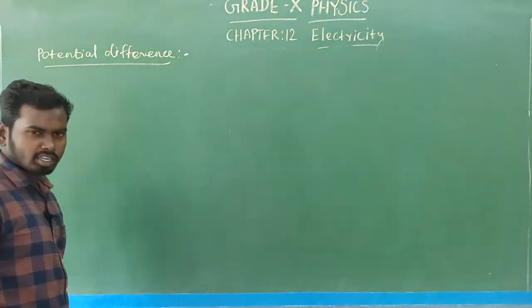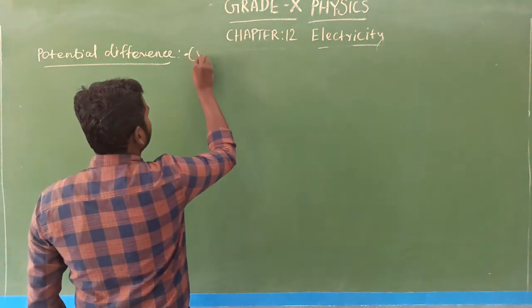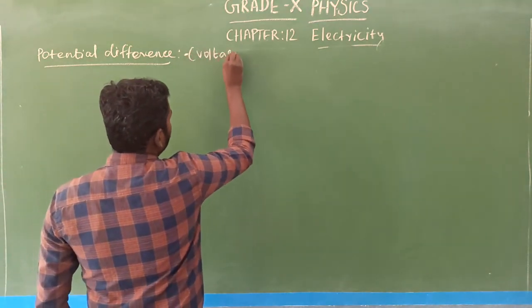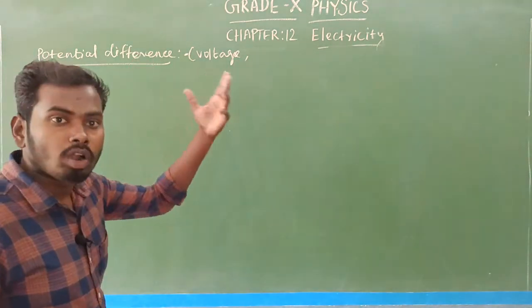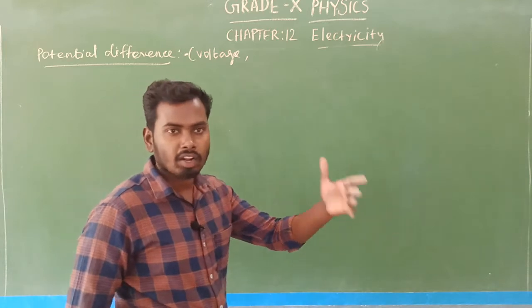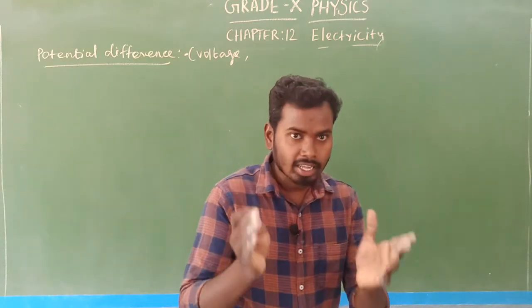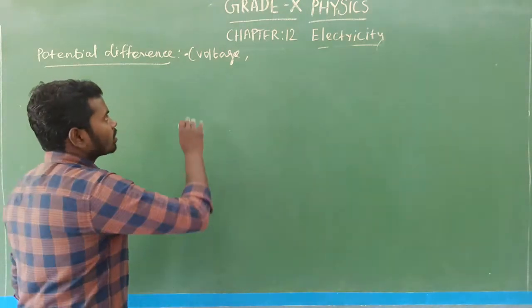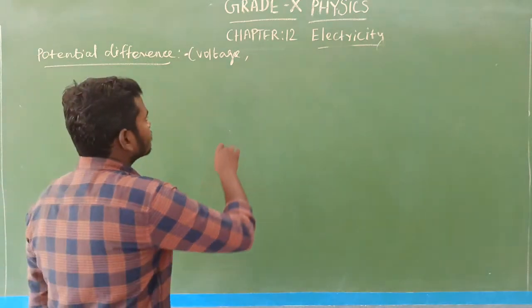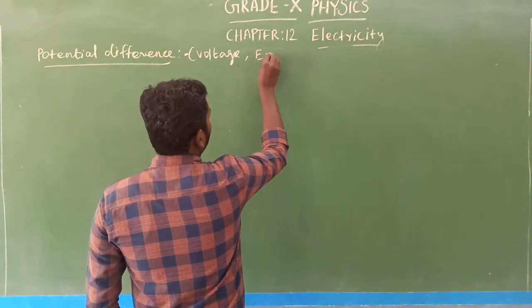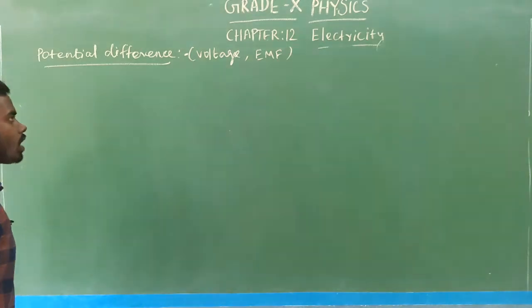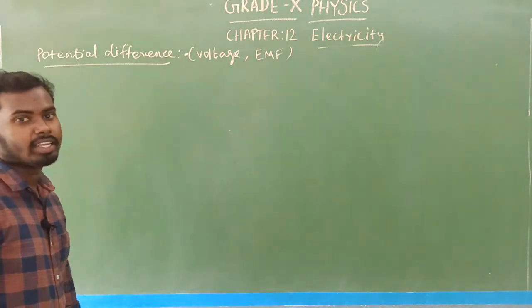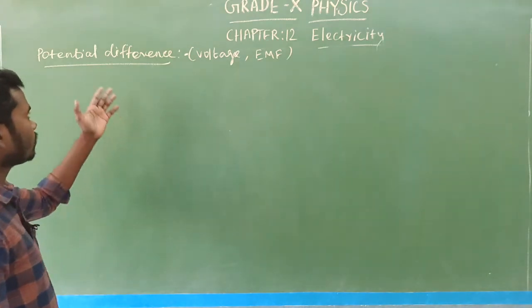Yes. See, this potential difference is also known as voltage. Note this point, very important one. The potential difference is also known as voltage. Generally we say a 2 volt battery, 5 volt battery, 6 volt battery, like that. That is potential difference. So the potential difference is also known as voltage and EMF, and sometimes it is referred to simply as potential also.